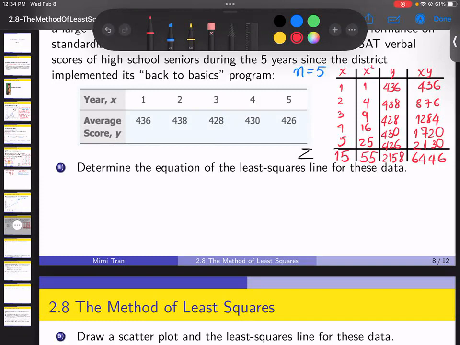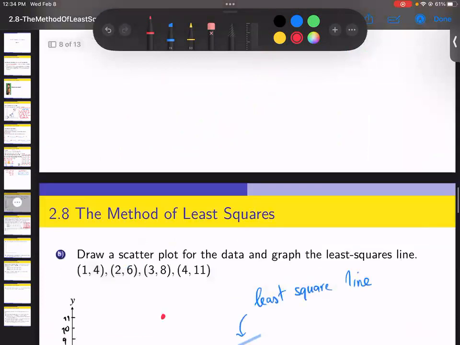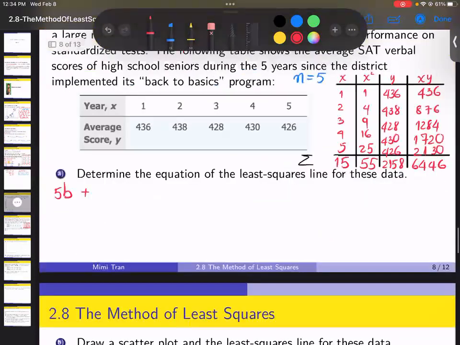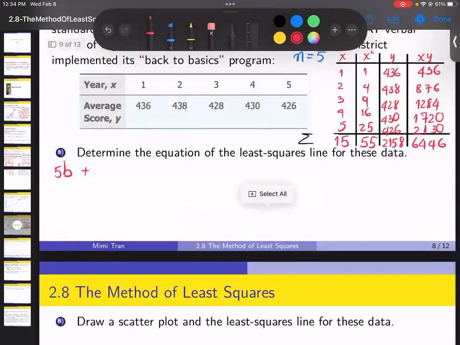For the first equation, n is 5, so nb plus the sum of all x times m equals the sum of all y. The sum of all x is 15, so 15m equals the sum of all y, which is 2158.